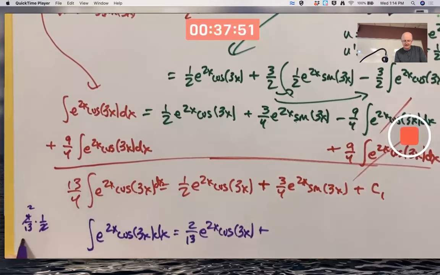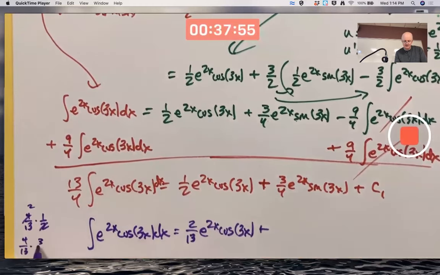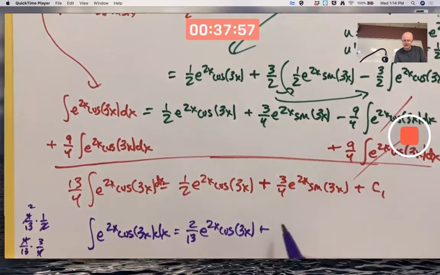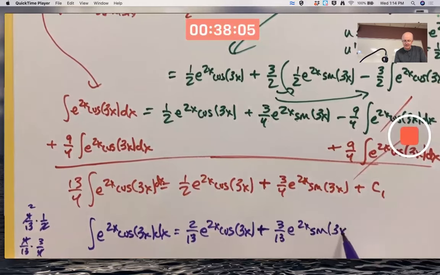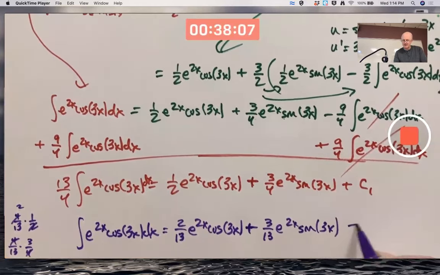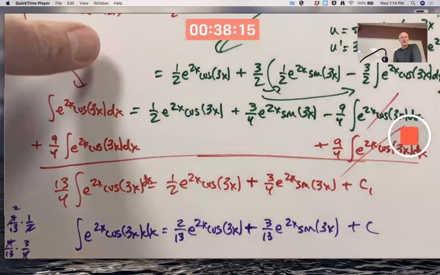Then 4/13 times this fraction, 3/4. The 4's completely cancel, leaving you with 3/13. And then I'm going to call 4/13 times C1, I'll just call it C. I'm fine if you just put the plus C on at the end and you don't bother with the C1. But don't forget the plus C at the end.